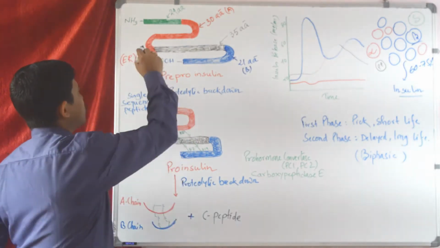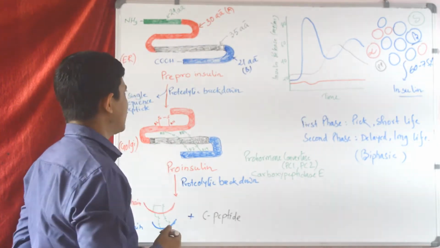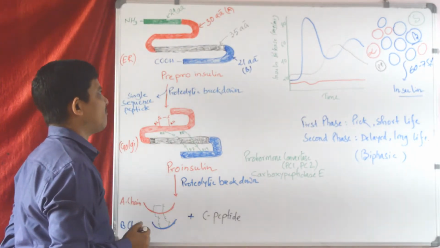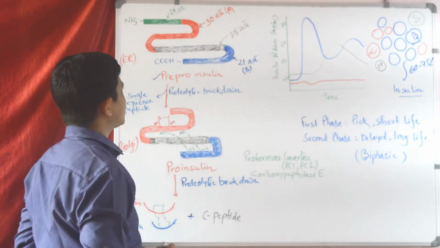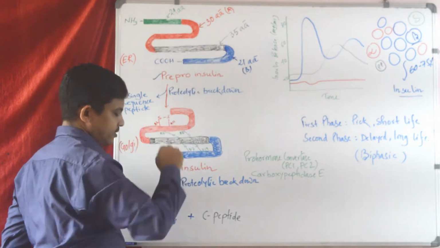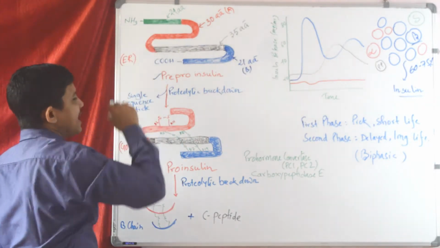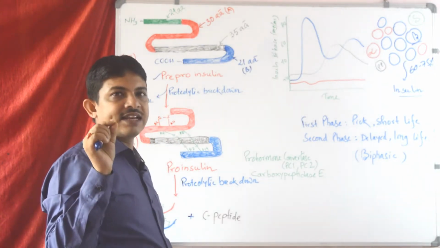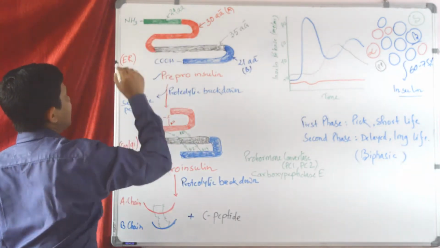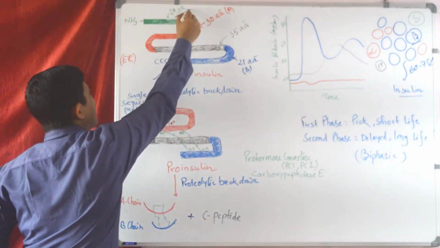Now if we draw the diagrammatic structure of pre-proinsulin, we can find that it consists of mainly four parts. What are the four parts? First one is the N-terminal peptide, a signal peptide, which is composed of 24 amino acids.